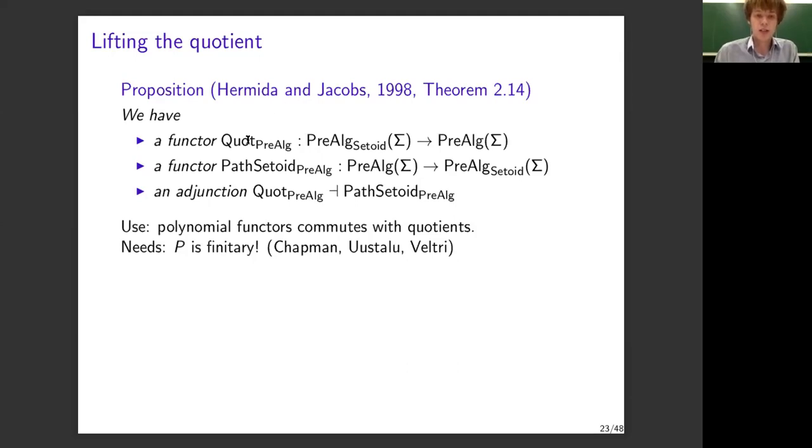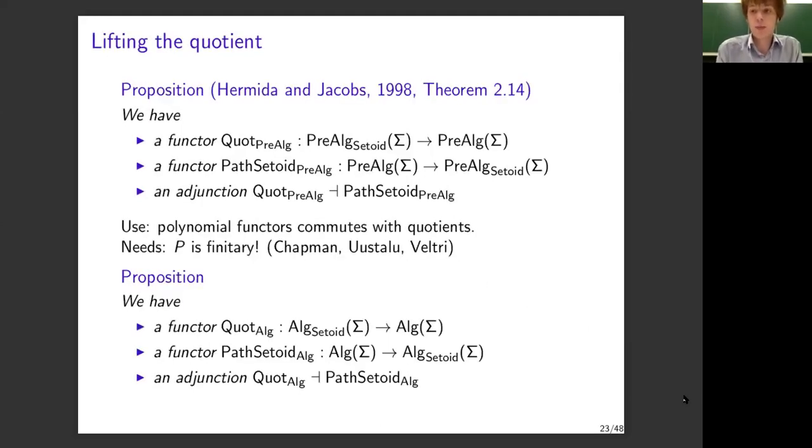So the quotient commutes with polynomials, and that way we can also obtain the right algebra structure on sets. This is also the point where we need that P is finitary. We can't allow an infinite amount of recursive arguments here, because otherwise we would need the axiom of choice to show that the polynomials commute with quotients. This was originally observed by Chapman, Uustalu, and Veltri.